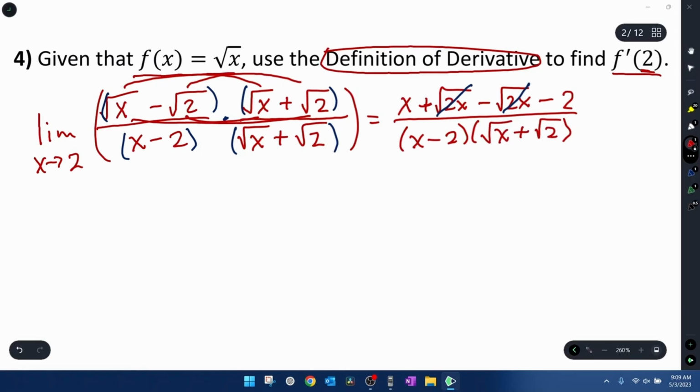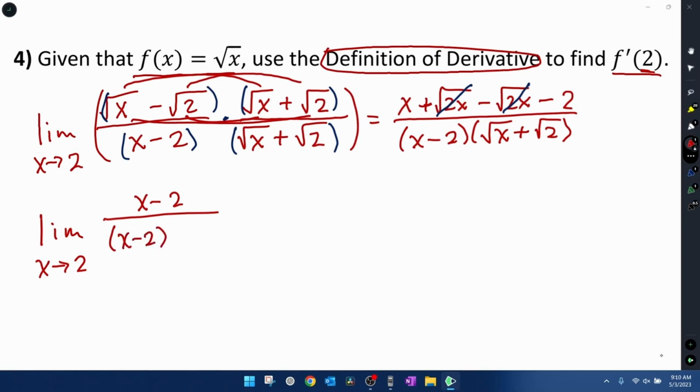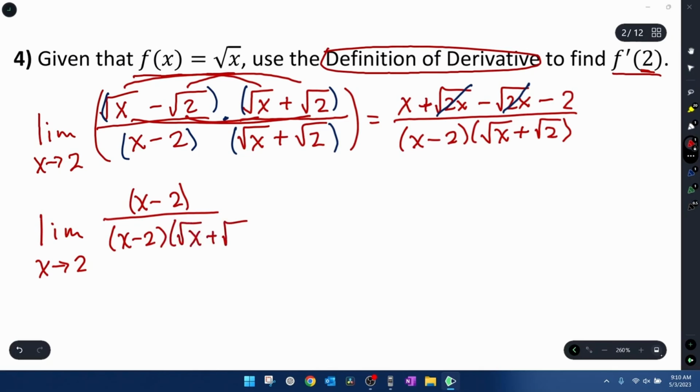I don't recommend that you FOIL the denominator. And here's why. If we simplify, having the limit as x approaches 2, now the numerator is simply x minus 2. And the denominator, do you see it has a common factor with the numerator? And so what we're going to be able to do here is reduce the fraction.